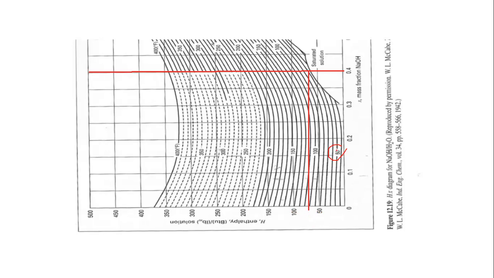It just so happens that 70 degrees Fahrenheit has an enthalpy of 70 as well, because this is 50, 60, 70. So the enthalpy is 70 BTU per pound mass. Question? This is our HP prime. Do you have any question?